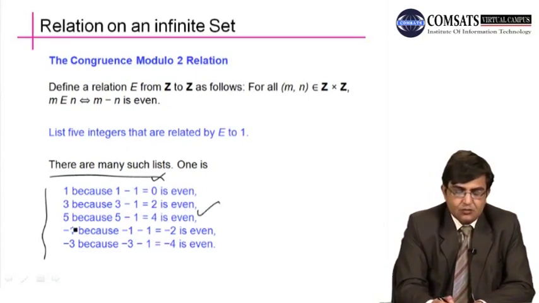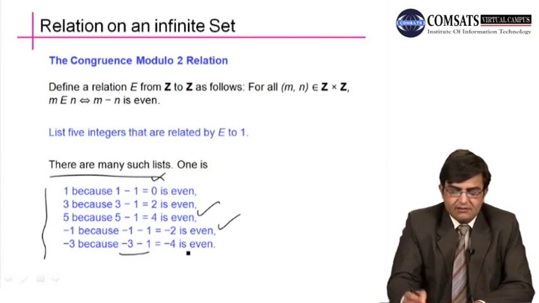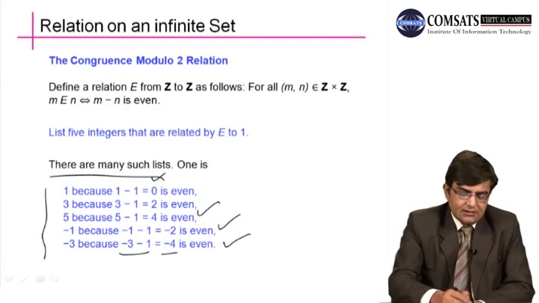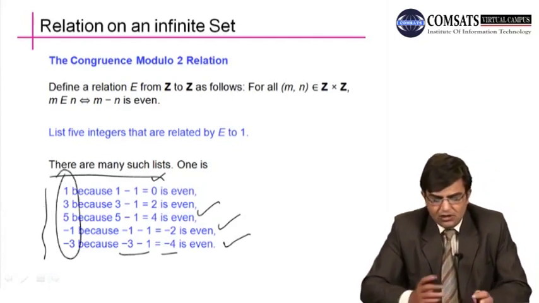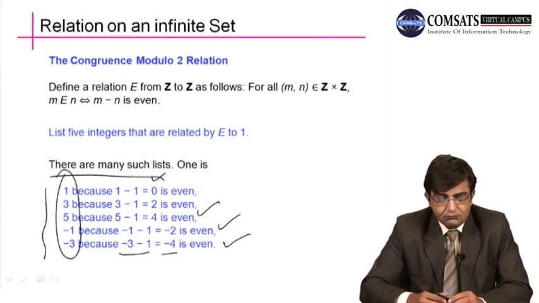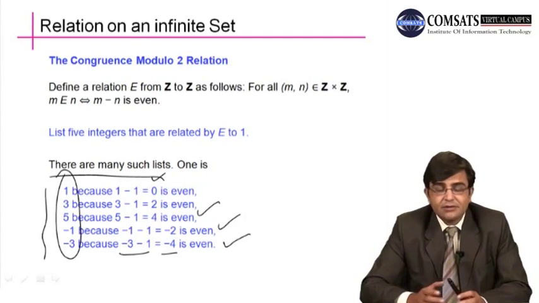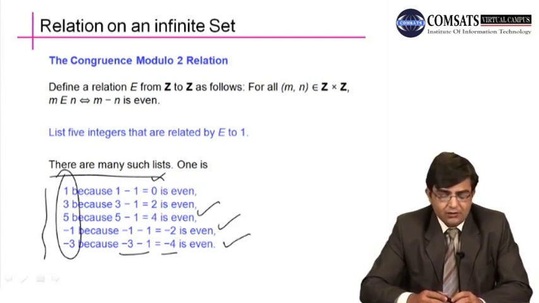Minus 1 is related to 1 because minus 1 minus 1 is minus 2, which is even. Similarly, minus 3 is related to 1 because minus 3 minus 1 is minus 4, which is even. So this is a list of 5 integers. We can give some other lists of integers which are related to 1.